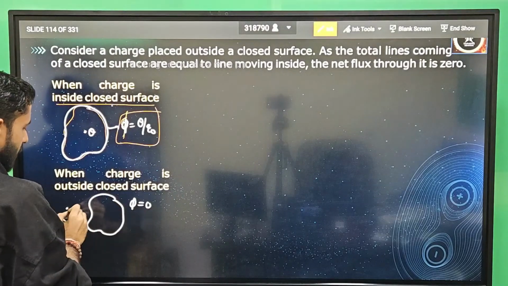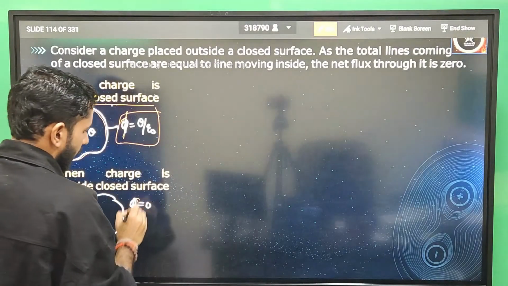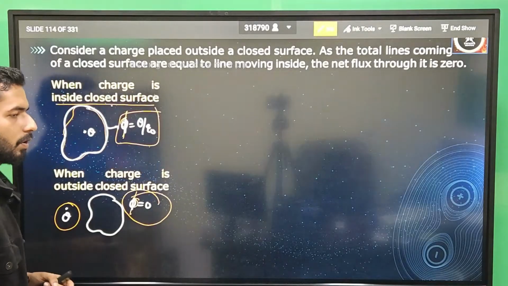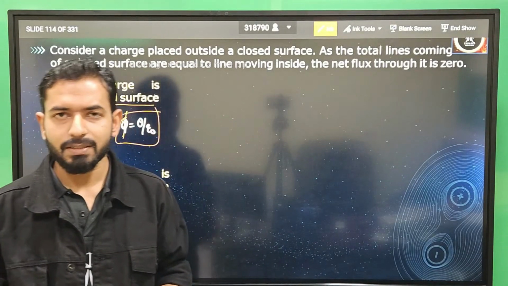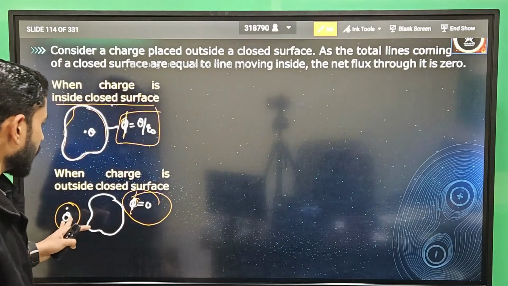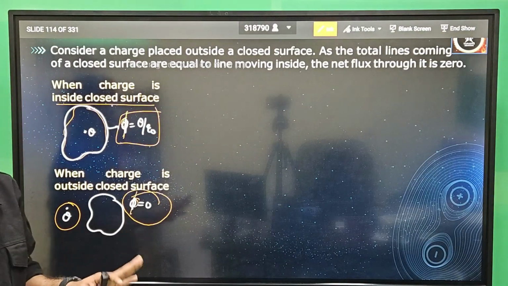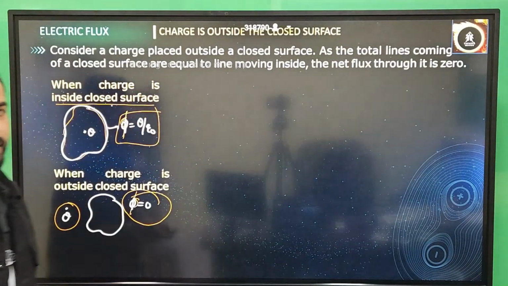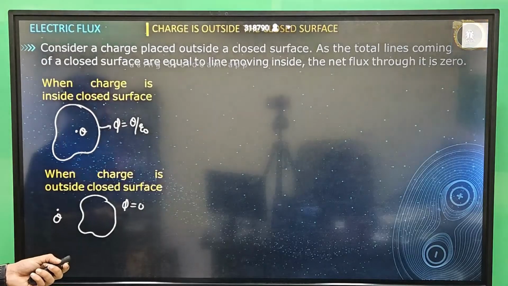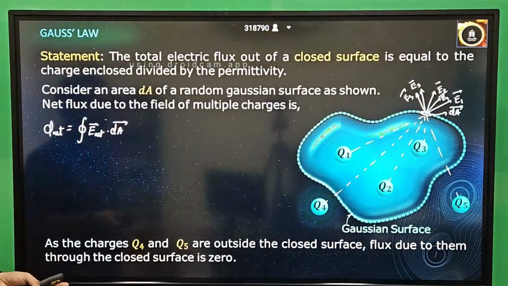But when the same charge is present outside, the net flux will be equal to 0, because unless it is present inside, it will not be counted as flux. It is mandatory, the only condition, that the charge should be present inside the closed surface or closed body that you are taking. Okay.